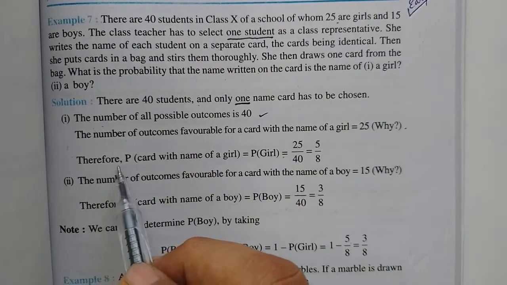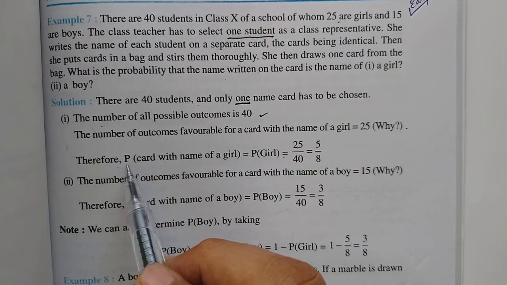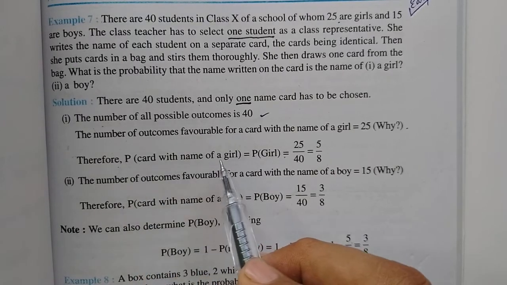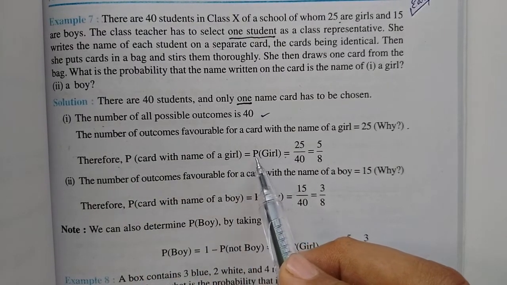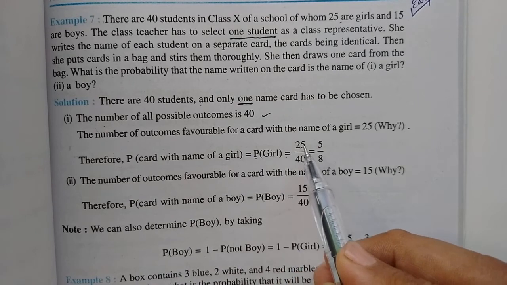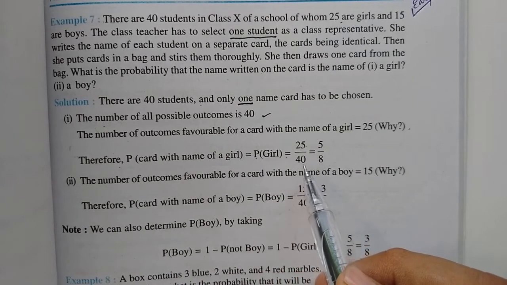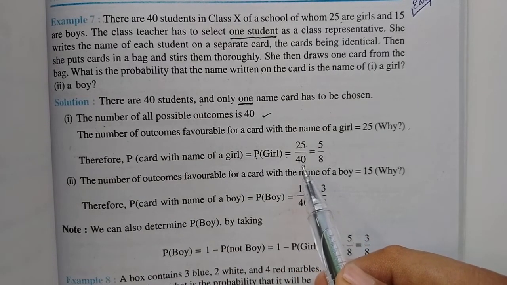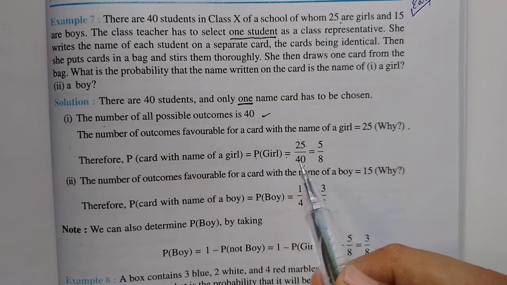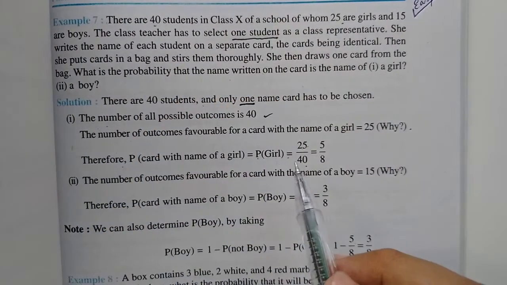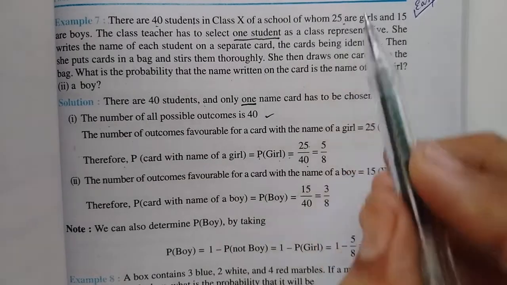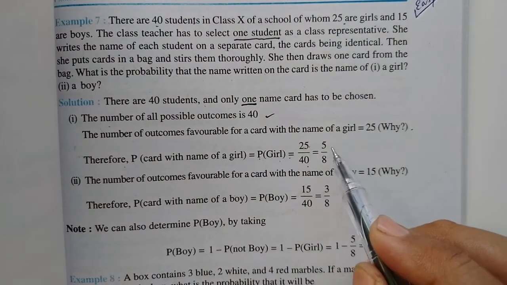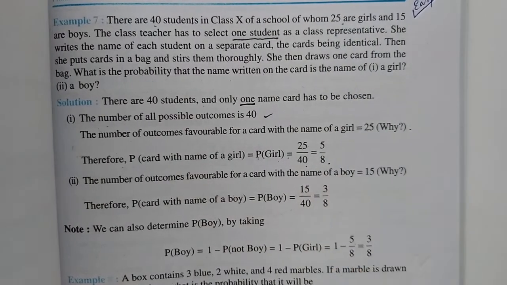So the probability of a card with the name of a girl, that is P of girl, is 25 by 40, because there are 40 students in total. So 25 upon 40, after cancellation, you get 5 by 8.